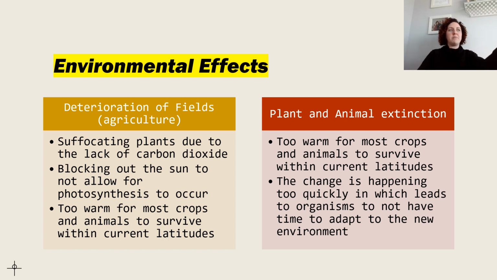We know that adaptation can happen, but we have to give it time to happen. And if we are just like, oh, hey, here's a 5-degree increase within 100 years, that's not enough time for adaptation to occur. And the same goes for humans. So it's, again, just that really dramatic but accurate domino effect that would be happening.